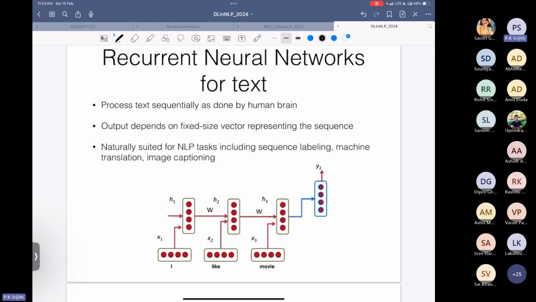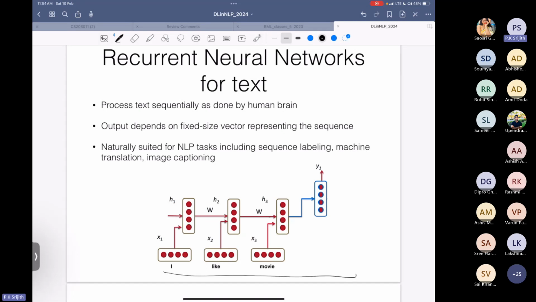And the hidden representation that it learns at any time t depends upon the word that it sees at that time, as well as the hidden representation at the previous time. So it recursively captures this dependence with the words it has seen in the past. Okay, and that is what you can see here.